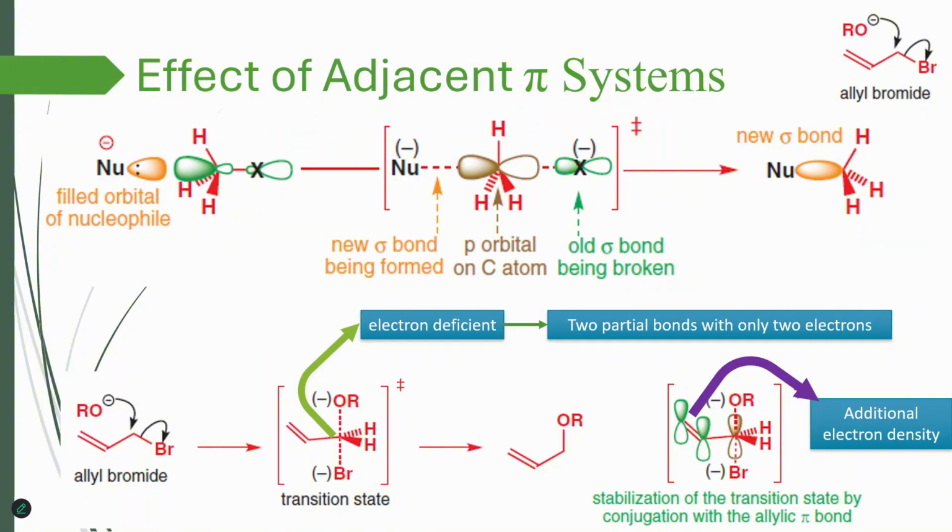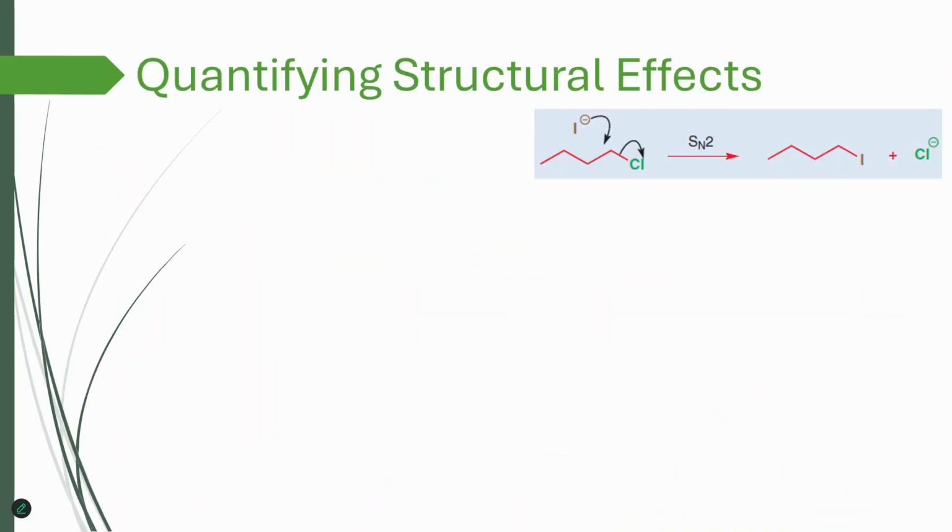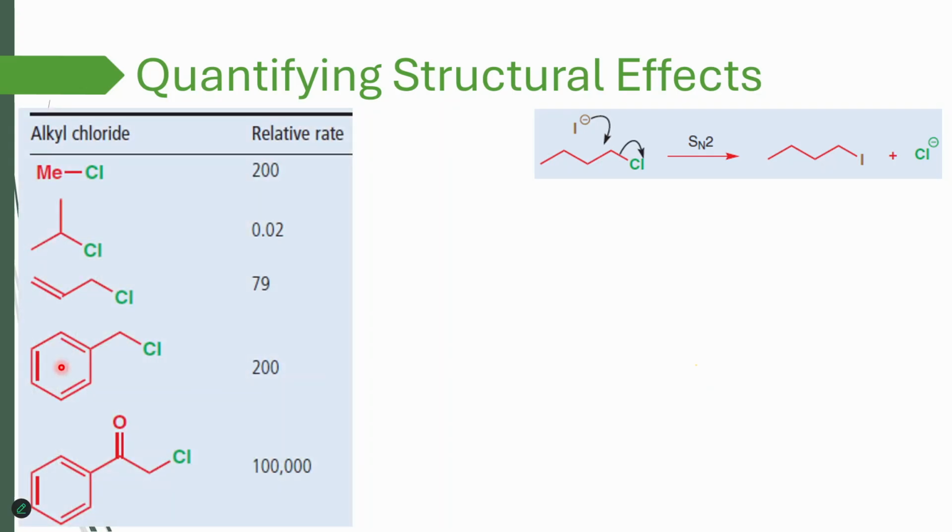And now we can quantify structural effects using this as an example. This is just similar to the table trends that we introduced in the beginning, but it's more advanced in a sense that now we will have allylic as well. So here, as you can see, methyl chloride is the fastest because it's least hindered.